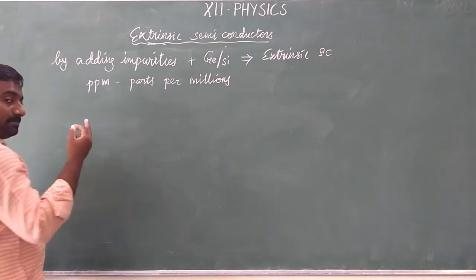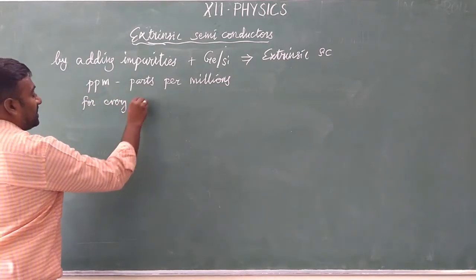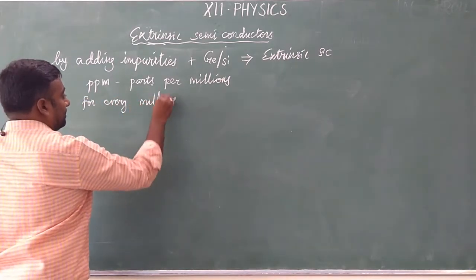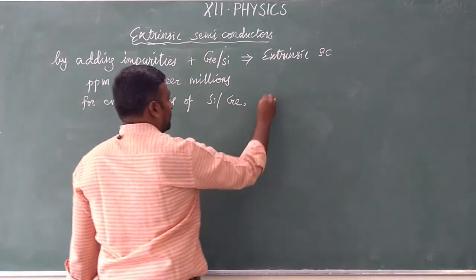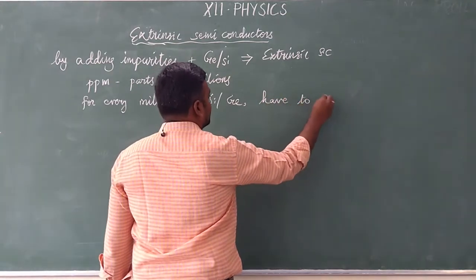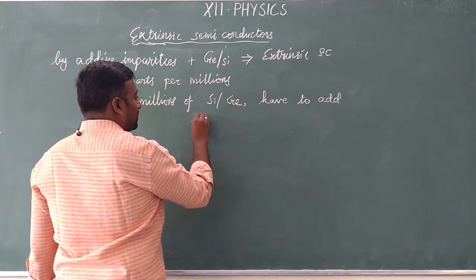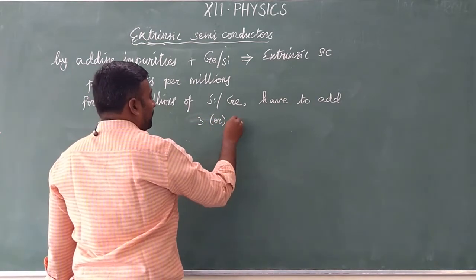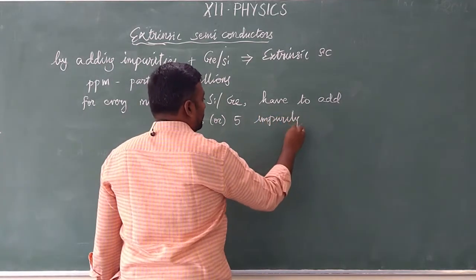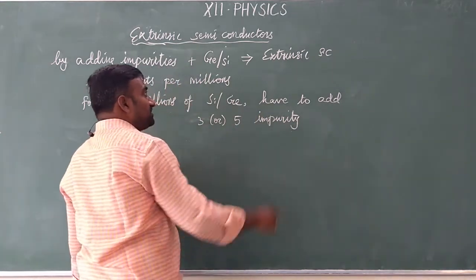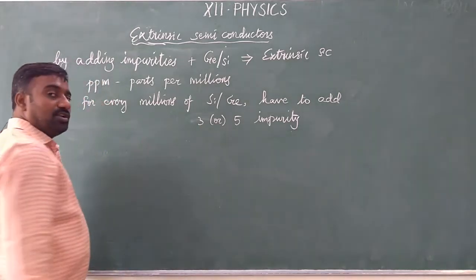For every million silicon or germanium atoms, we add 3 or 5 impurity atoms, and by doing so we get the extrinsic semiconductor. Since we are adding that impurity atom, it is called a dopant.